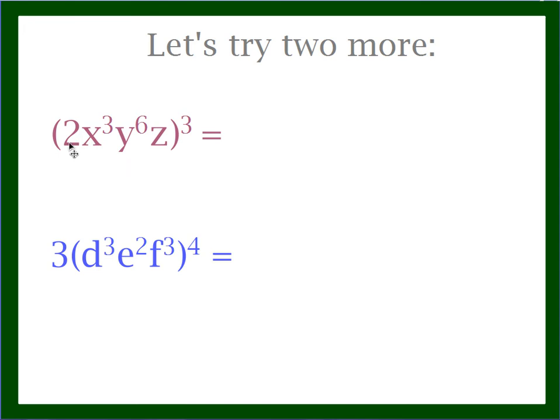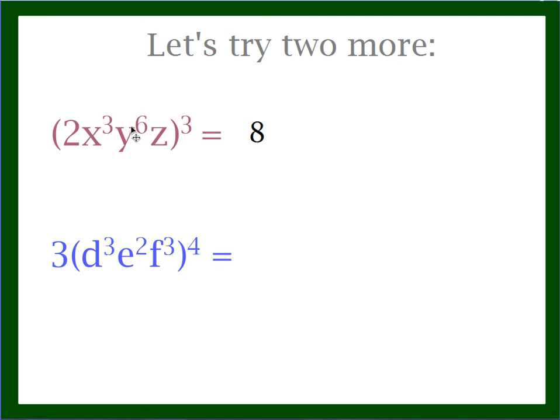In the first example, the coefficient of 2 is inside the parentheses. So I have 3 sets of this parenthesis. I have 3 2's being multiplied together, 3 sets of x to the third, and so on. So when I do this, I have 2 times 2 times 2, and that's going to give me 8.